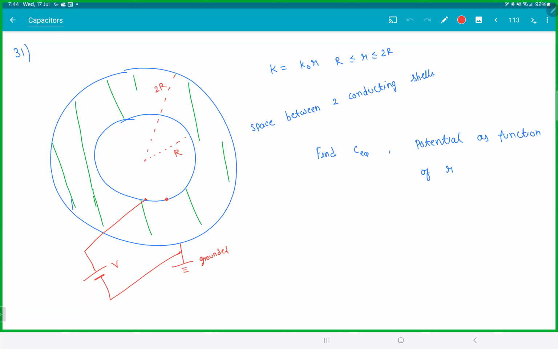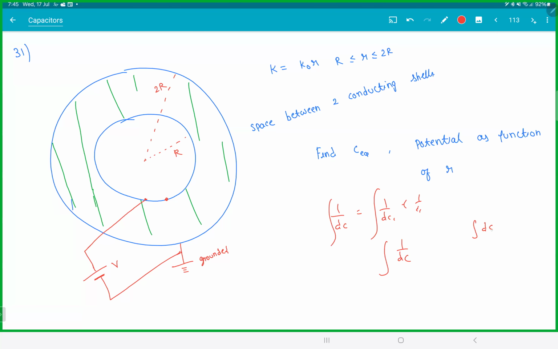You take the capacitances and what? They're in series, right? Or parallel? You can't integrate integral dC. If capacitors are in series, what do you integrate? 1 by dC is 1 by dC1, 1 by dC2. You should integrate 1 by dC.